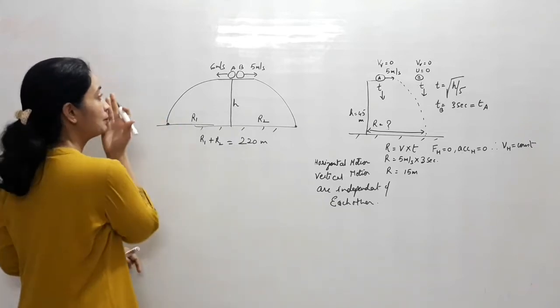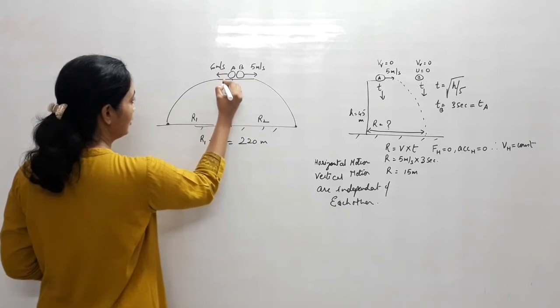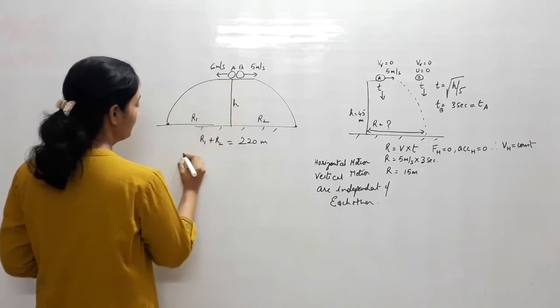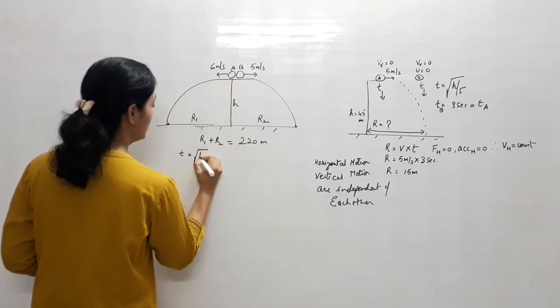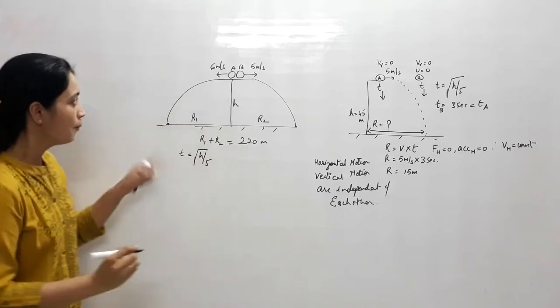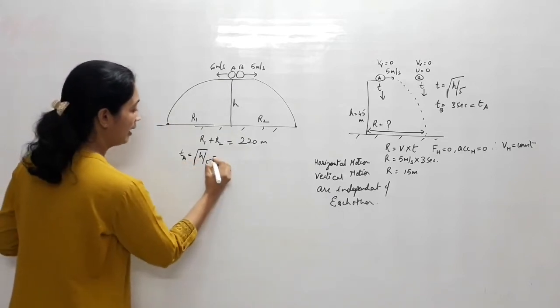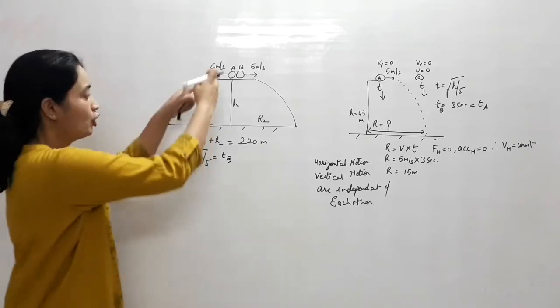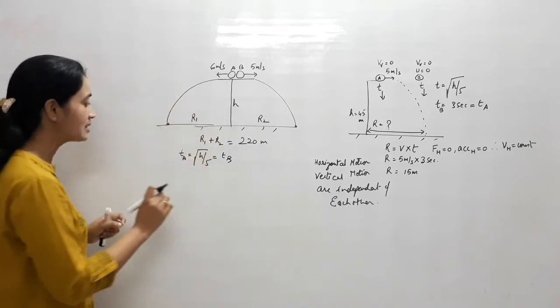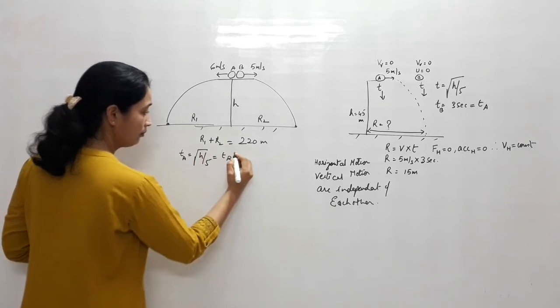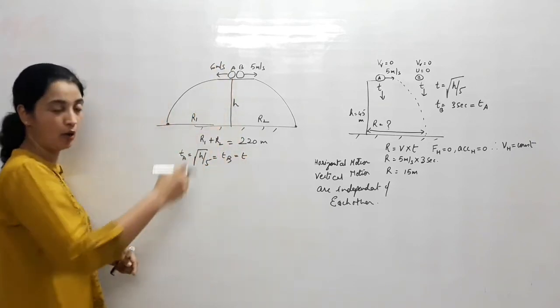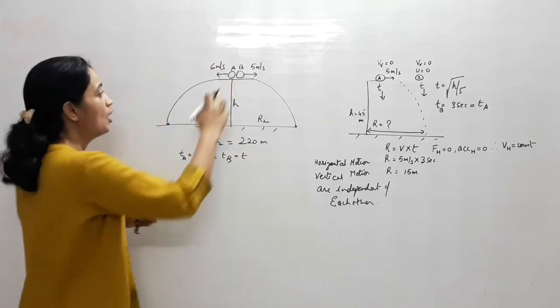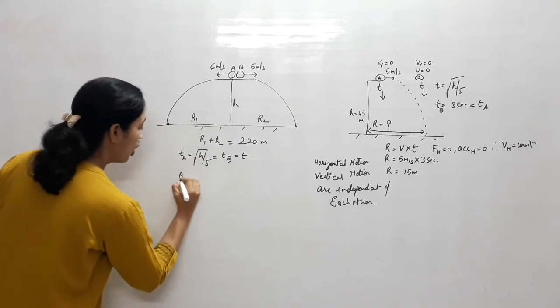Very simple. Let us say, in order to travel down, they both will take time t, which is root of 2h by g. Both ball A and ball B will take the same time to come down. Now in this time t, how much horizontal distance does ball A cover?